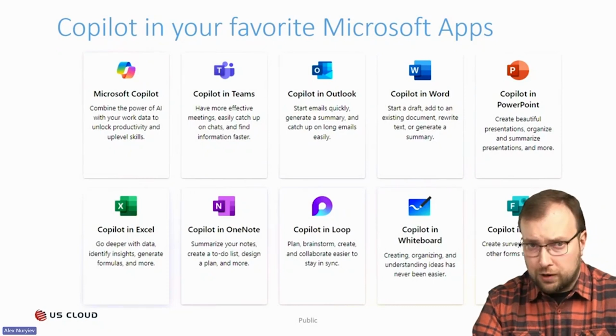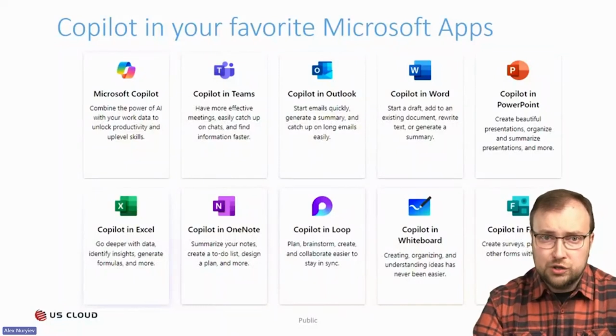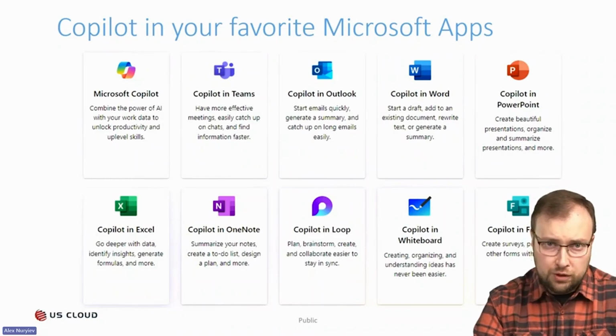Using Copilot in Outlook, you can start emails quickly, generate a summary, and catch up on long emails easily. Copilot in Word will assist you with drafting, adding to an existing document, writing text, and generating summaries. Copilot in PowerPoint can create, organize, and summarize beautiful presentations for you.